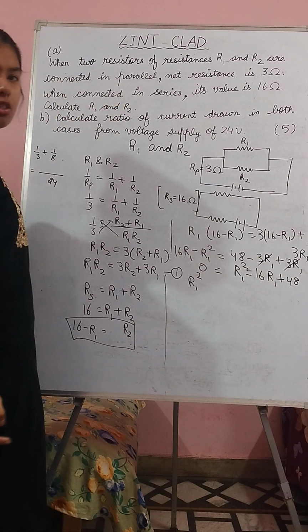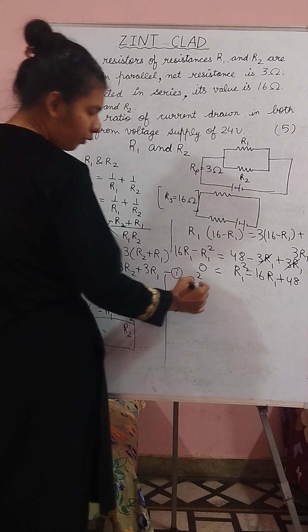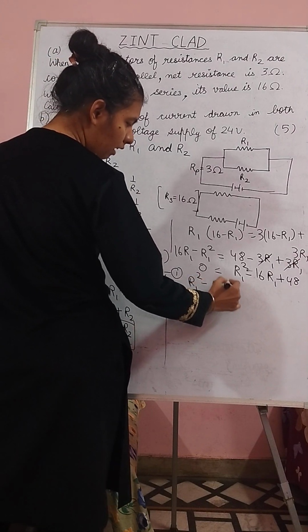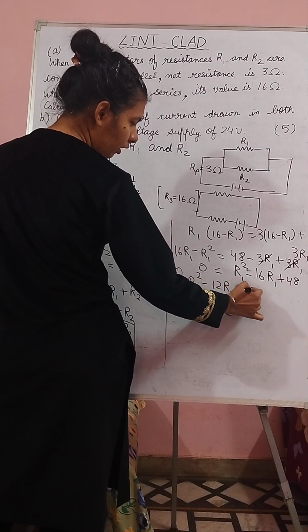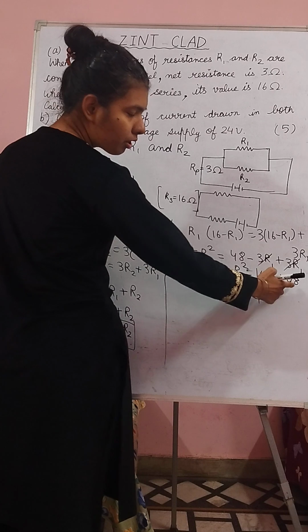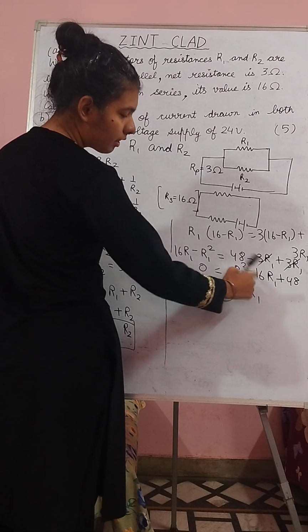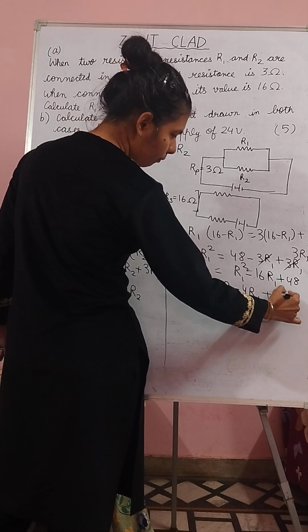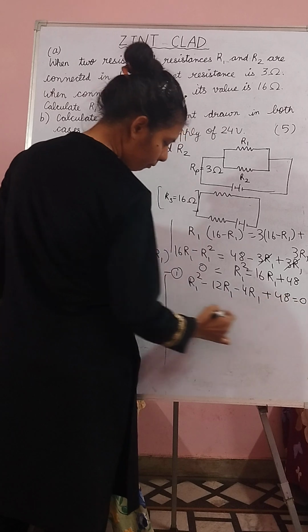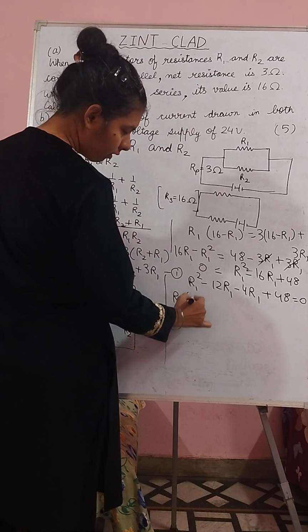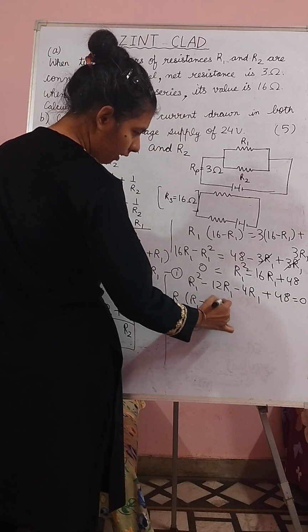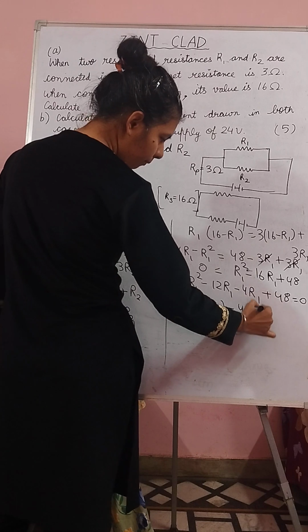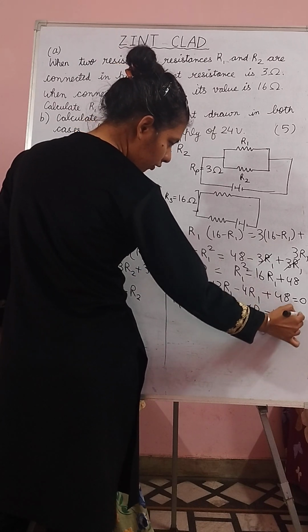48, what would be the factors of 48? 12 fours are 48. Minus 12 R1 minus 4 R1, and 12 fours are again 48, and 12 plus 4 is 16 also. Now take common. R1 minus 12 minus 4 R1 minus 12 is equal to 0.